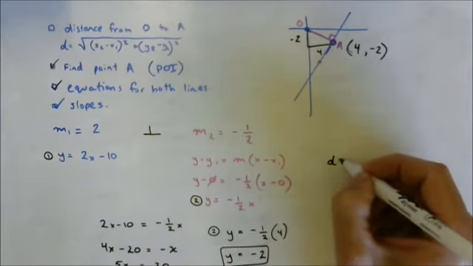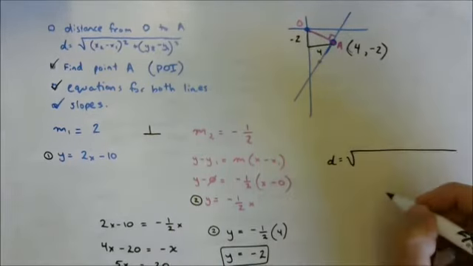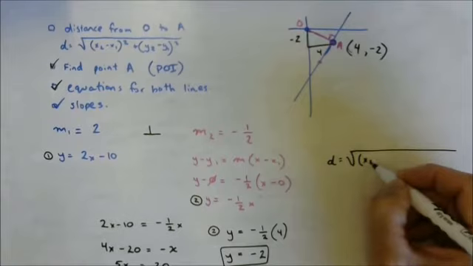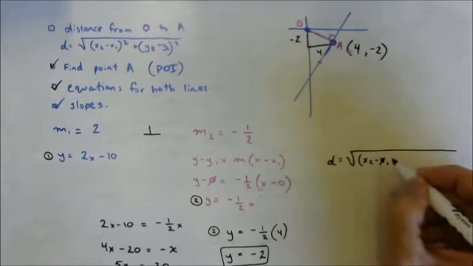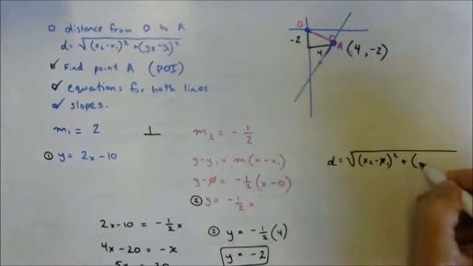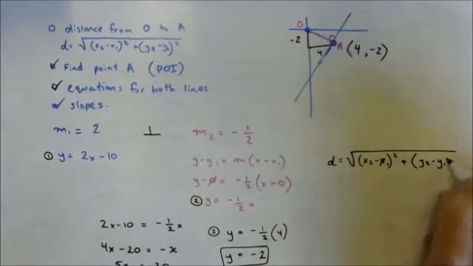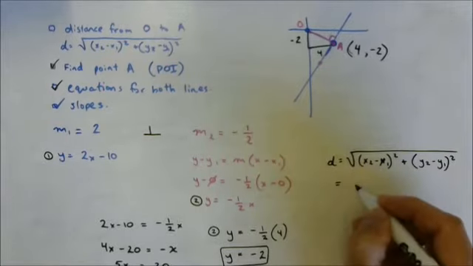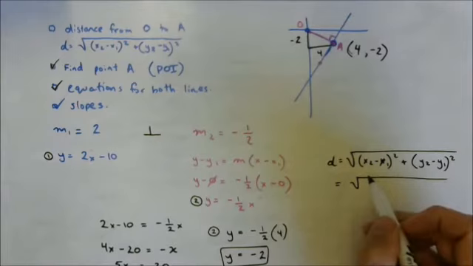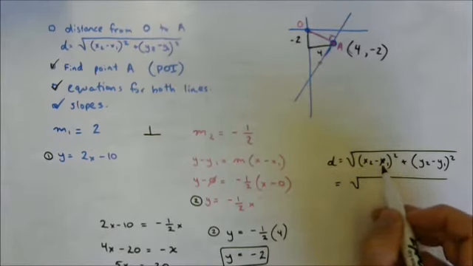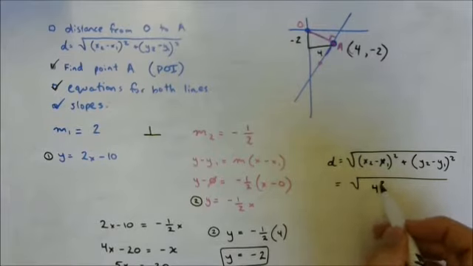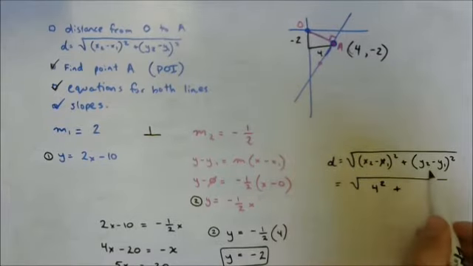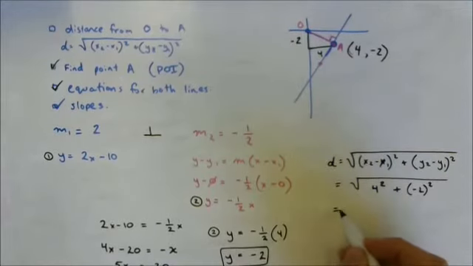So we're going to get the distance is equal to the change in our x's squared plus the change in our y's squared, and we're going to square root that. So again, we can do this kind of in our heads. The change in x ends up being 4 minus 0, which is 4 squared. And the change in y ends up being negative 2 minus 0, so you have negative 2 squared.